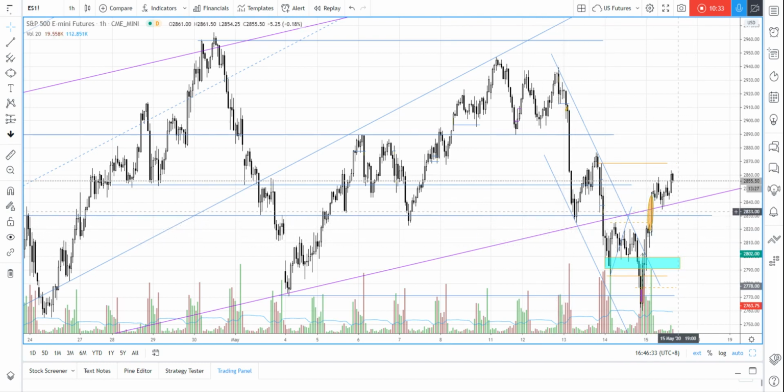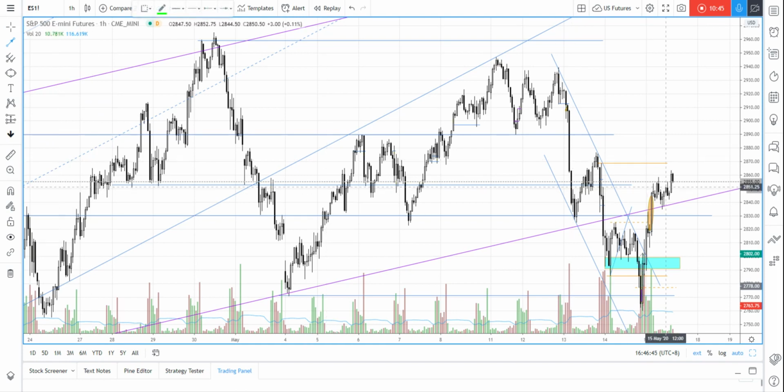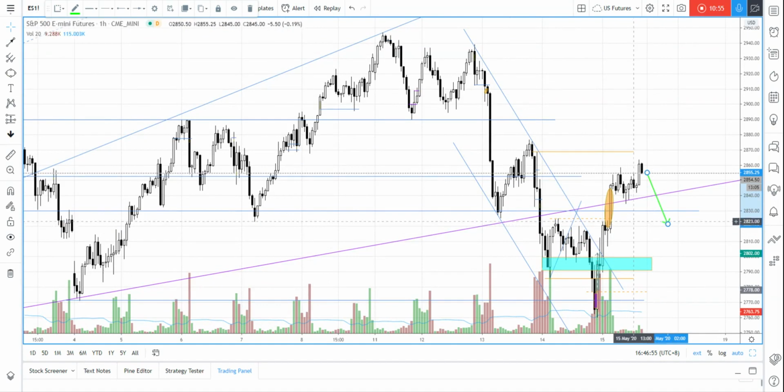So this area here is quite important. You can see that it actually bounced up quite a few times, penetrated through, rejected, bounced up, penetrated through. So if you can have this kind of setup, a pullback that retraces to test the level 2820 to 2830, this is also in line with one of the important bars here, which is the last hour bar from yesterday.